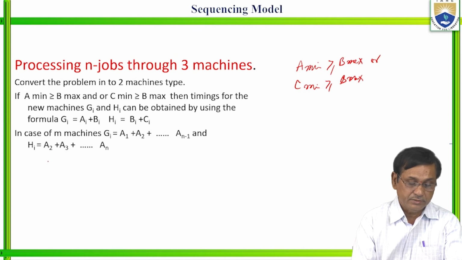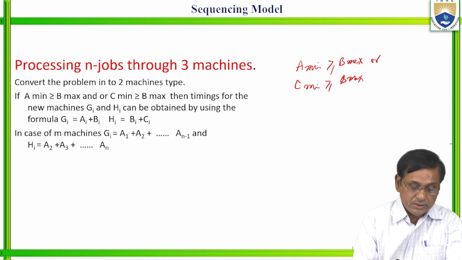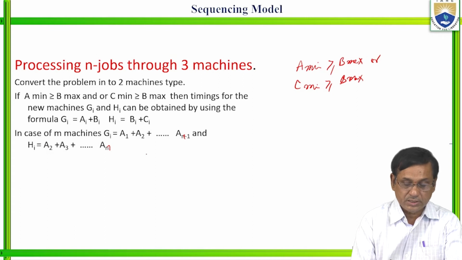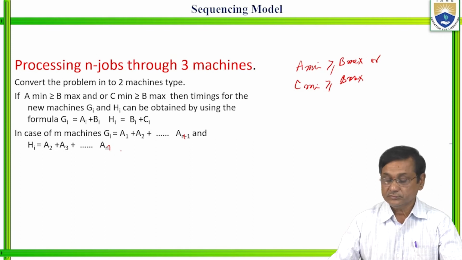Corresponding to the second machine, we get A2 plus A3 plus up to M. So for M machines, Gi is A1 plus A2 plus up to M minus 1, and Hi is A2 plus A3 plus up to M.